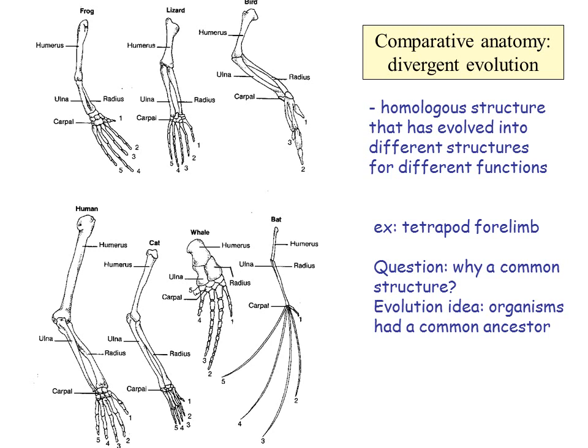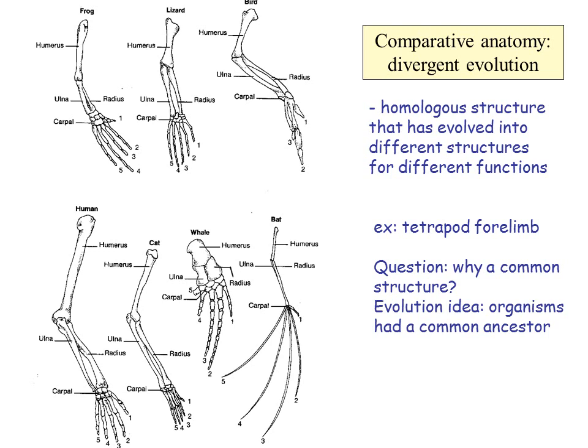And one of the discoveries that was made was that many diverse organisms, many diverse vertebrates, shared a similar bone structure. For example, here we're looking at pictures of tetrapod forelimbs.